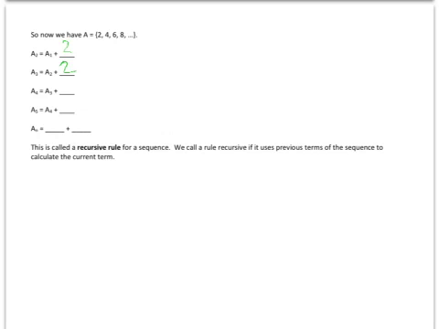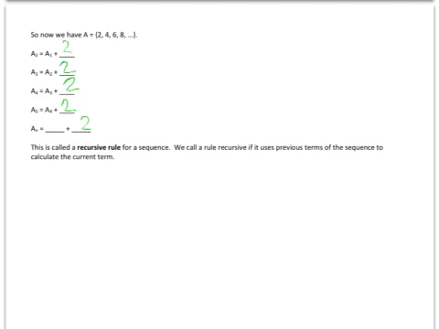And A4, which is 8, is equal to A3, which is 6, plus 2. And A5, which is 10, is equal to A4, 8, plus 2. So I could say the pattern that's happening here, for any nth term in the sequence, any generic term, is equal to the term before it, plus 2.